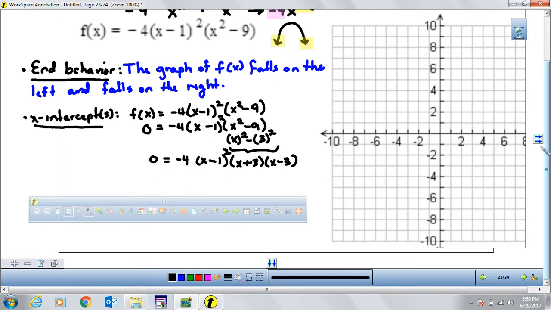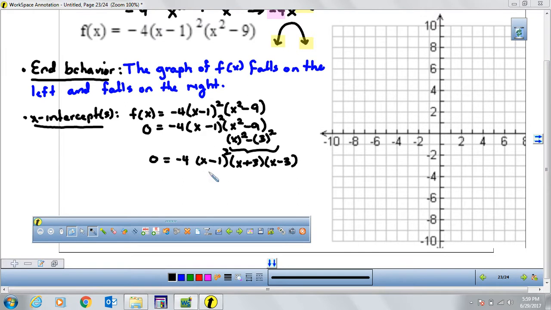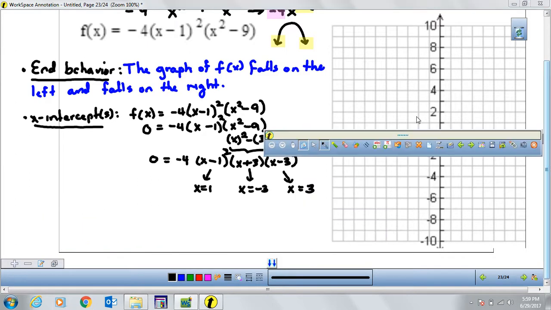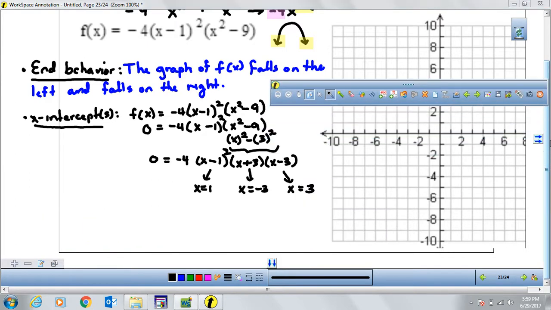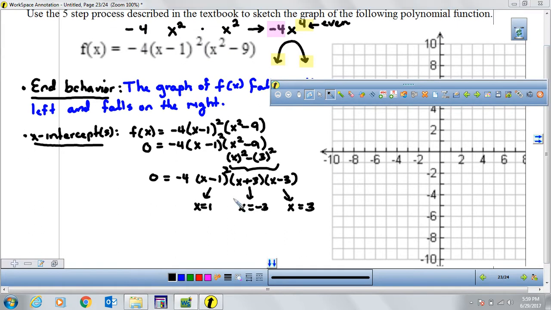So what do we get if we solve for x? This is going to give me x equals 1. This one is going to give us x equals negative 3. And this one is going to give us x equals positive 3. If we look at these zeros, we can realize that x plus 3 appears one time in this equation. x minus 3 appears only one time.